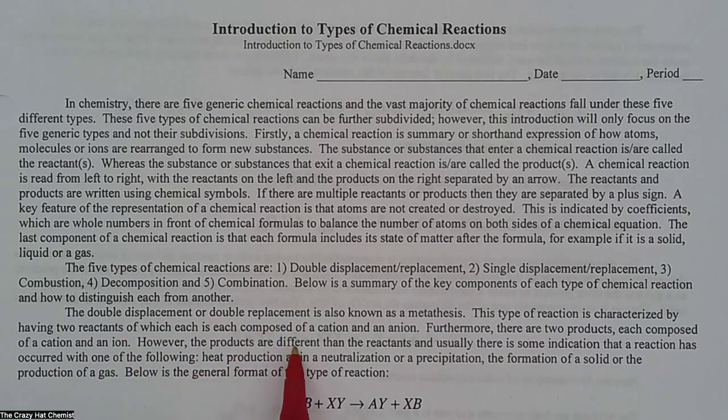However, the products are different than the reactants, and usually there is some indication that a reaction has occurred with one of the following: heat production, as in a neutralization or a precipitation, the formation of a solid, or the product of a gas. Below is a general format of this type of reaction.